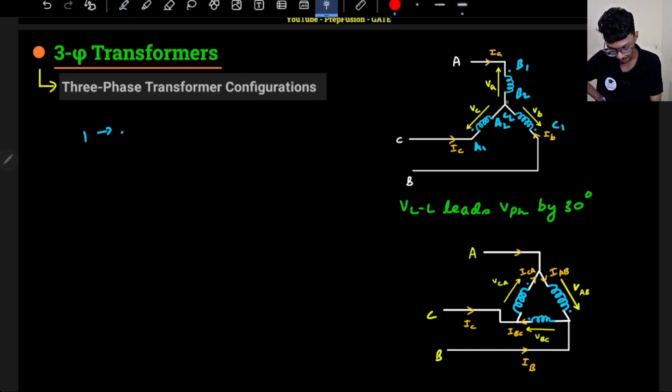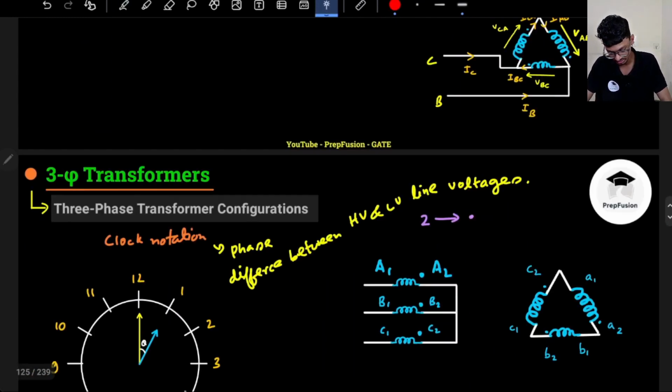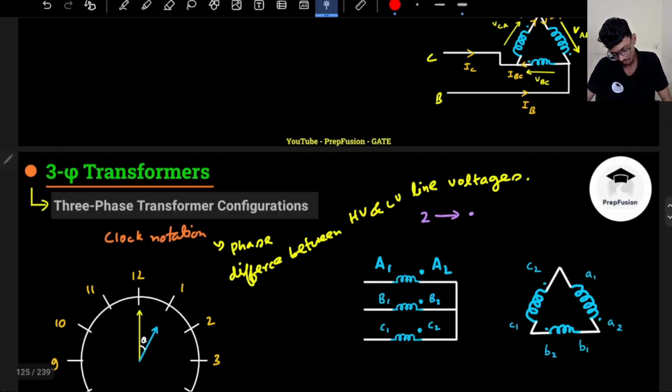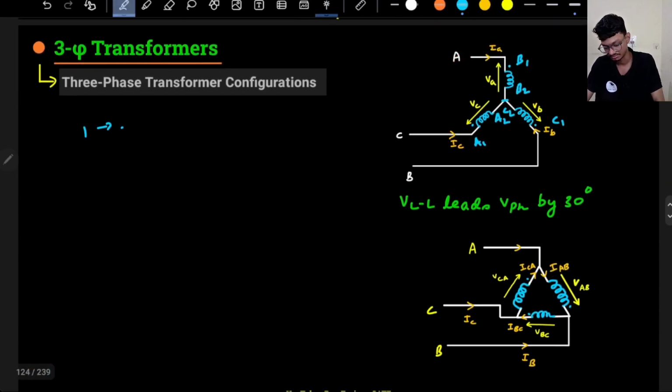So I see that A2, B2 and C2, all these three terminals are shorted together at this point for a star network, and A1 B1 C1 are all connected differently. Here as well same thing, just the number is opposite. A2 B2 C2 are all shorted together, and A1 B1 C1 are all separate. So what kind of connection is this? Star connection.